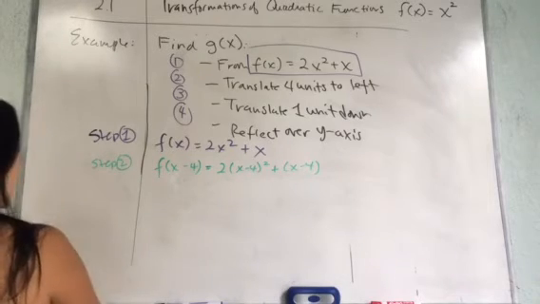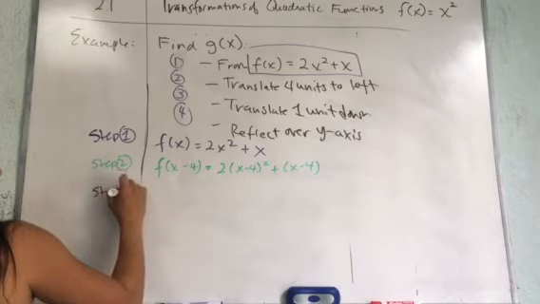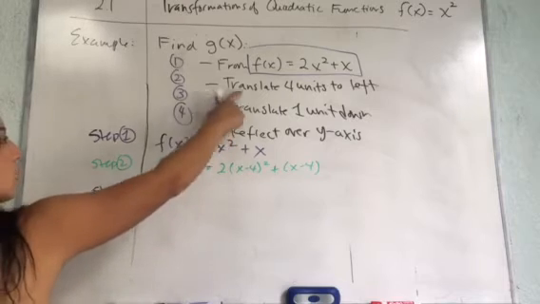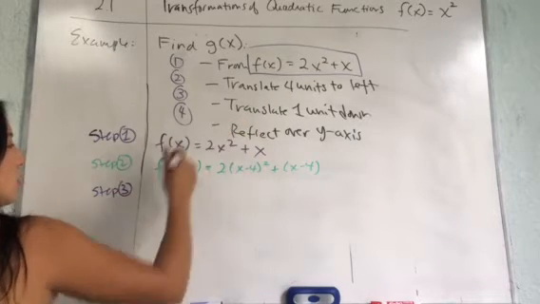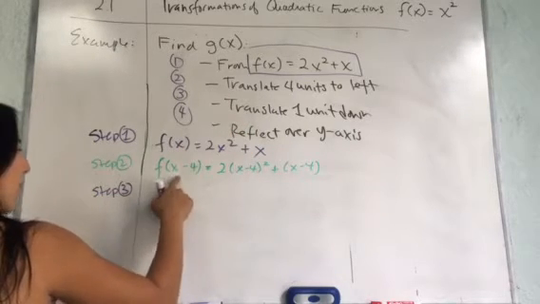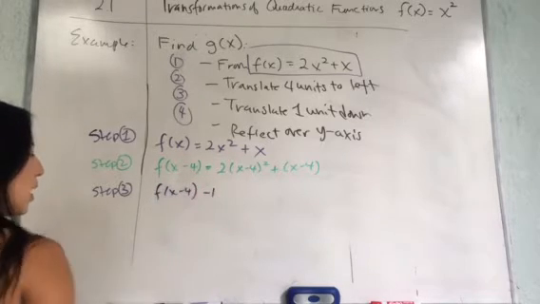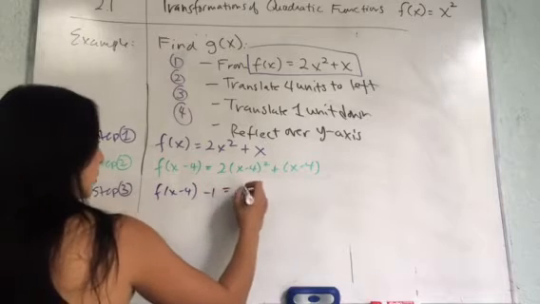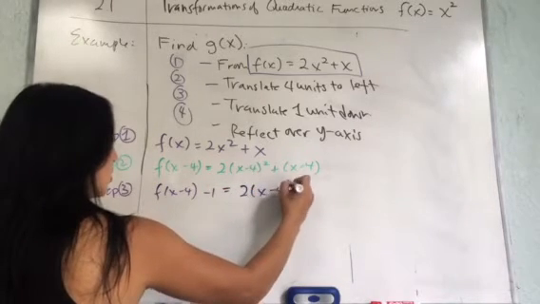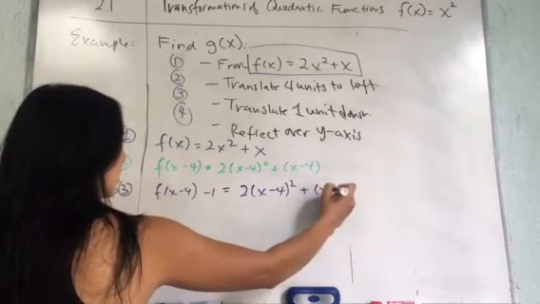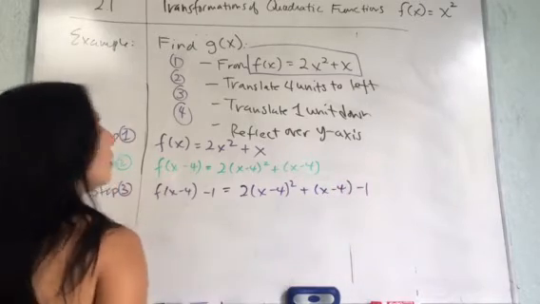The next step, step number 3, we need to translate it 1 unit down. So we have to take our f of x minus 4, and then we have to subtract 1. So that's going to appear as 2 times x minus 4 squared plus x minus 4 minus 1.